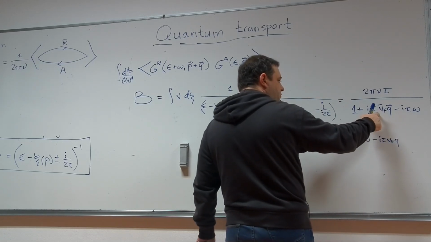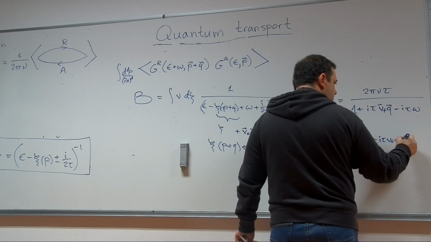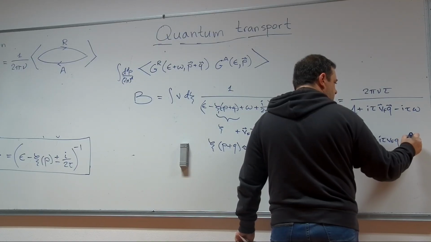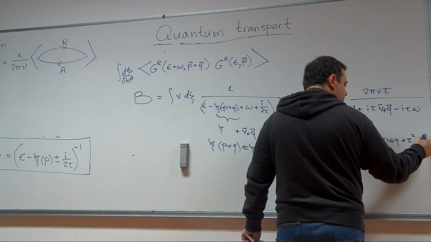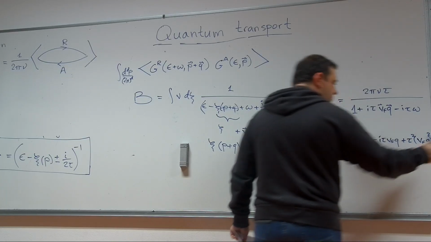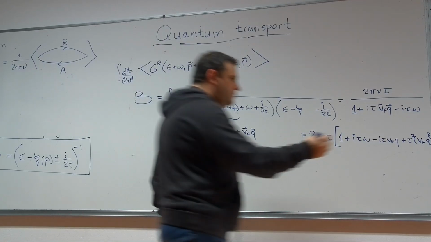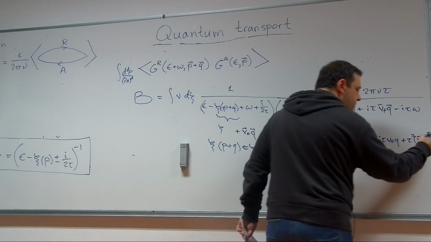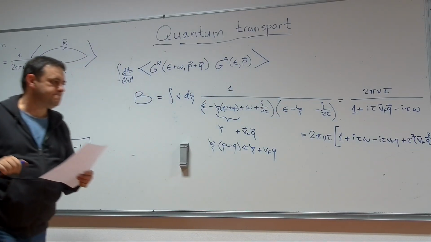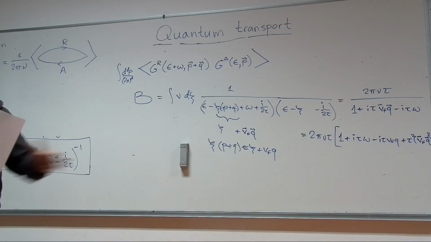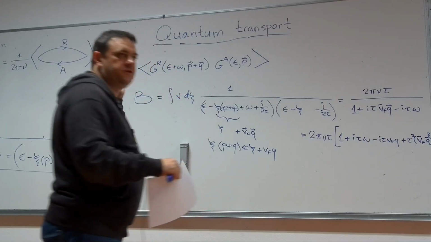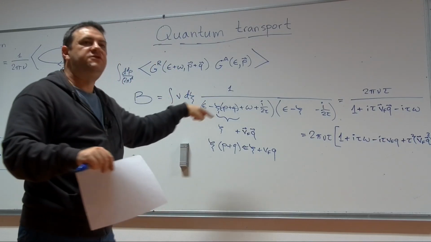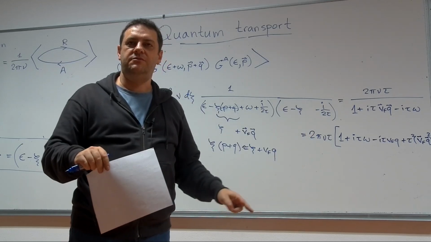And then the square of this will be plus tau squared V Fermi Q squared. This is a scalar product of two vectors, V Fermi times Q. I just expanded. And I still have to do the averaging over directions on the Fermi surface.